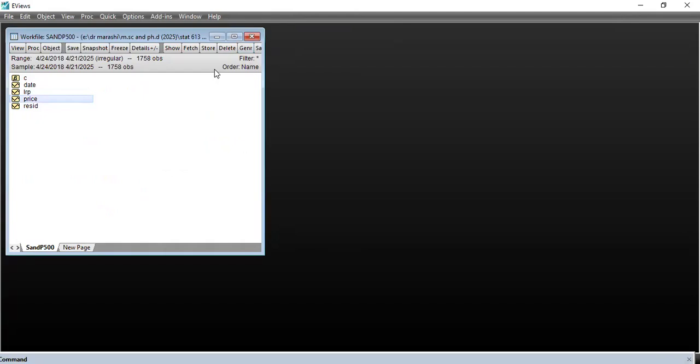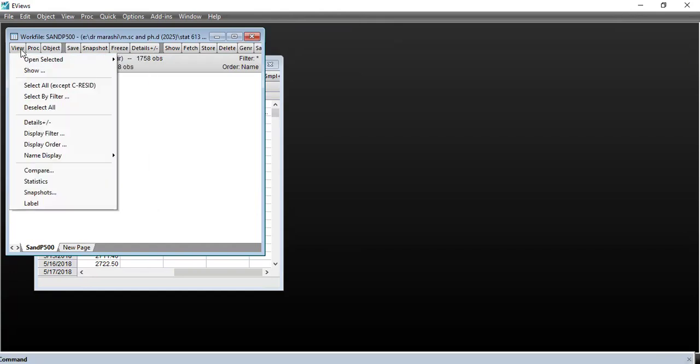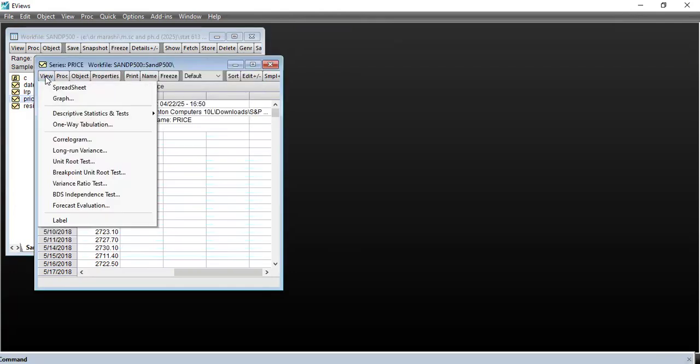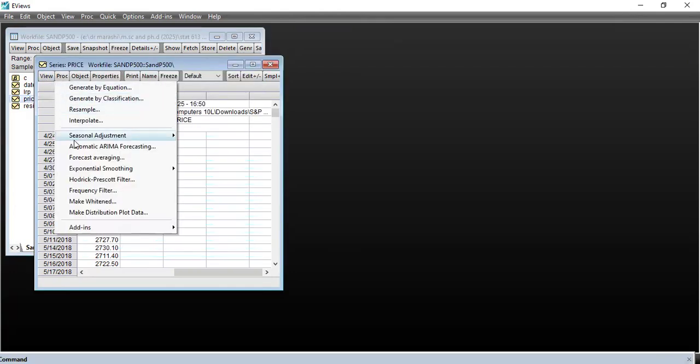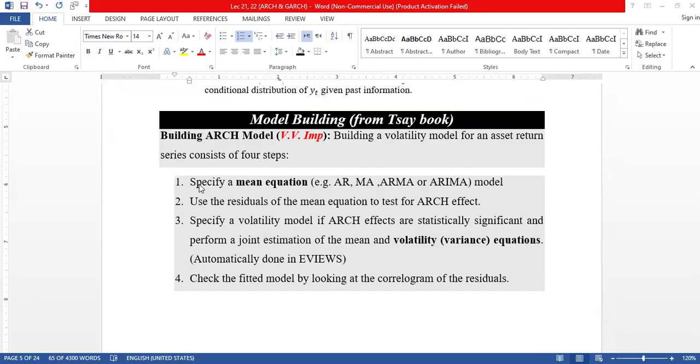So we will do one more thing now. Let's open the series and go for auto forecasting, because before we go for an ARCH model, we have to fit the mean model. Step number one.